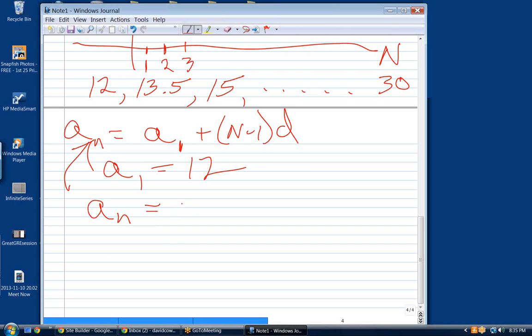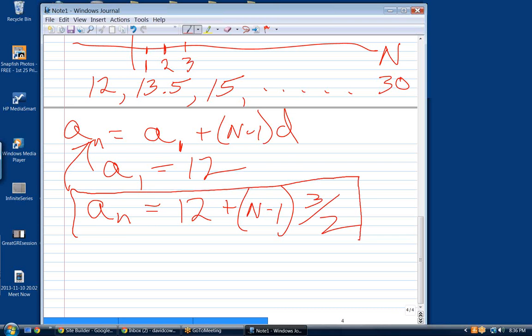Oh, wait, so it's 12 plus n minus 1. No, we don't have n determined here yet. When I say the nth term, n can be 100. But the only thing we know now is we know the first term and we know the common difference. So I can fill both of those in. Okay. So here's the formula for the nth term of this sequence, but it hasn't really been simplified yet.